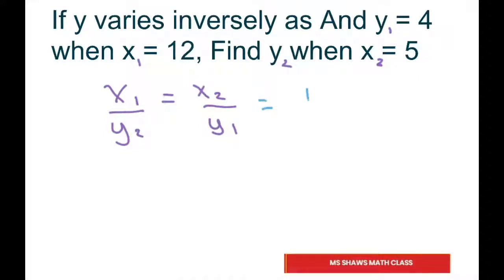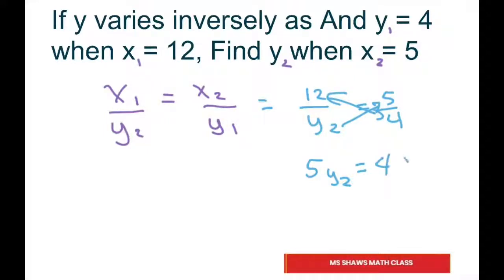You're going to get 12 divided by y sub 2 equals 5/4. You cross multiply. When you cross multiply, you're going to get 5 times y sub 2 equals 12 times 4, which is 48.